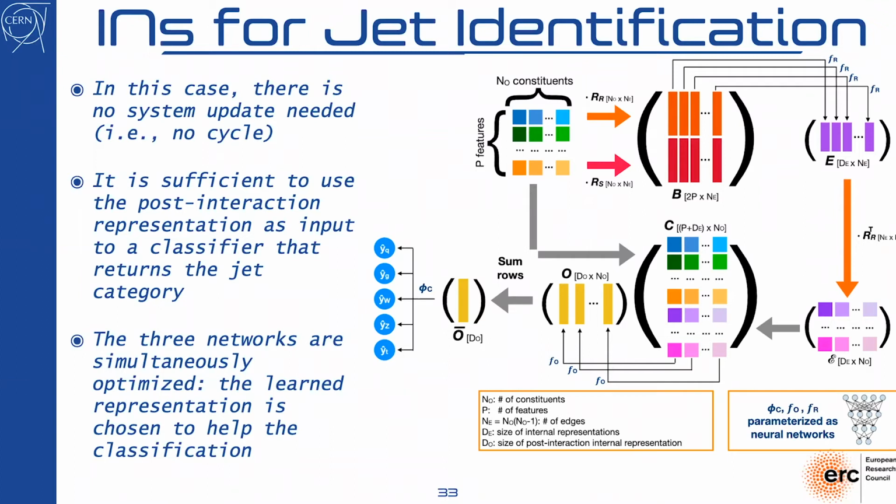Now, if you notice, this full construction is permutation invariant. If I take two objects of the jets and I invert them, since the processing of FR and FO is per column, and since O bar is built summing across the rows of O, this full construction is invariant if I exchange the role of two particles.